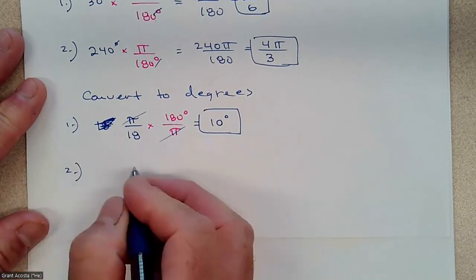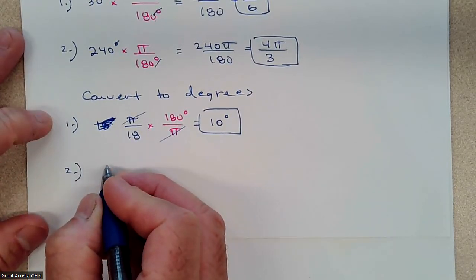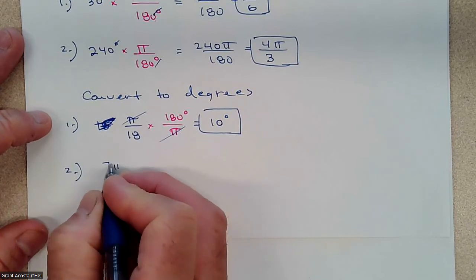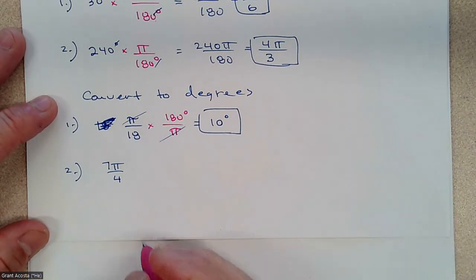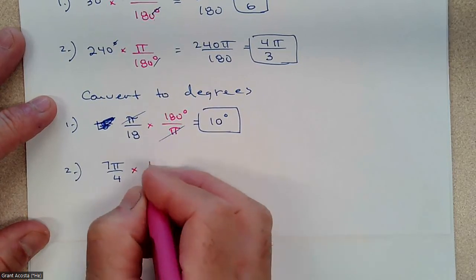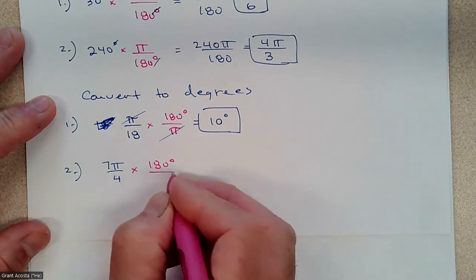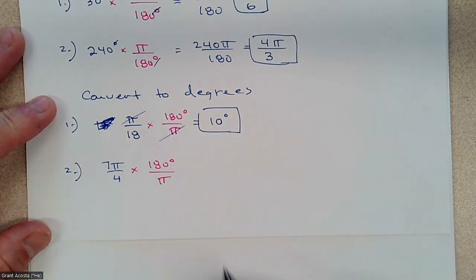Maybe one more. Let's say I have 7 pi over 4. You might want to pause the video and see if you can get that into degrees. So we'll times that by 180 degrees in pi radians. The pi's cancel. This one's a little bit tougher.